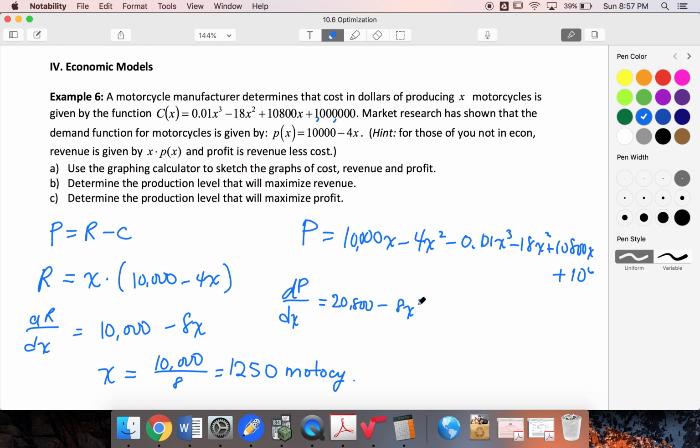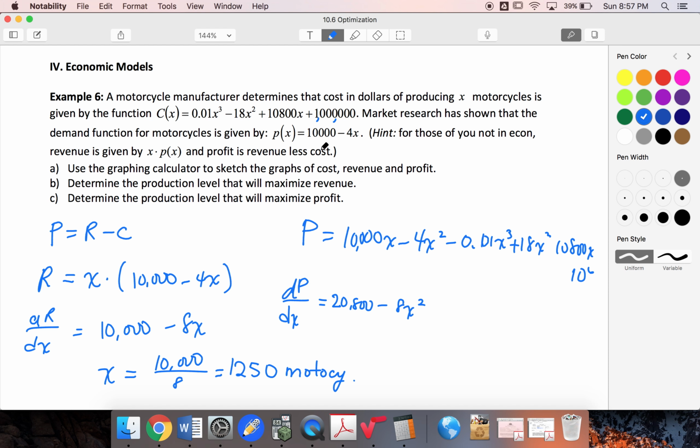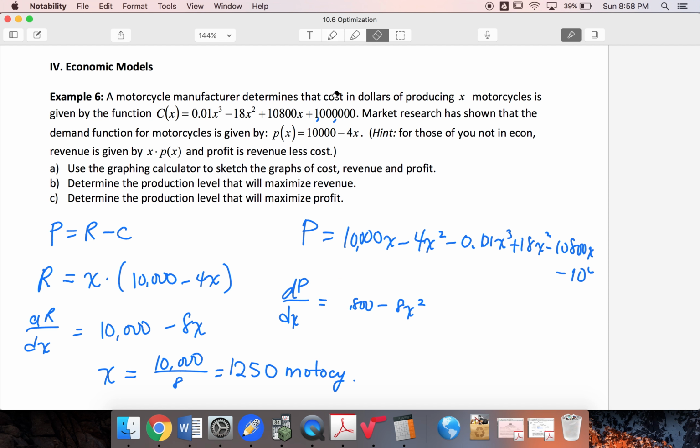Minus 8x squared. Did I distribute my negative? No, that should be a plus because I was subtracting my cost. So negative, positive, negative, and then that would also be negative. So 10,000 minus 10,800 is going to be negative 800.